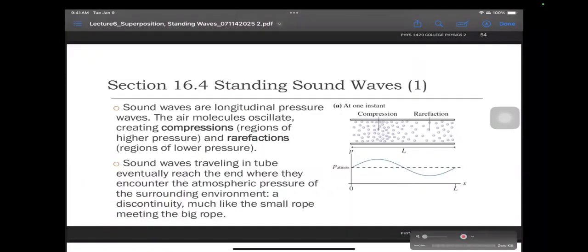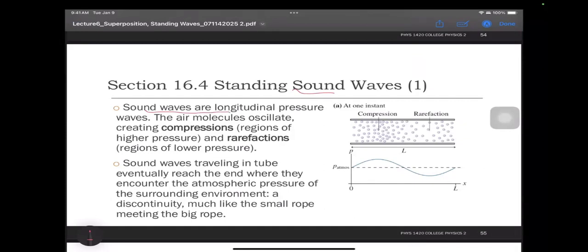Okay, let's talk about standing sound waves. We have already talked about standing string waves and standing electromagnetic waves. Here we talk about standing sound waves. The standing sound wave is a little different from those, and we will see how. Sound waves are longitudinal pressure waves.